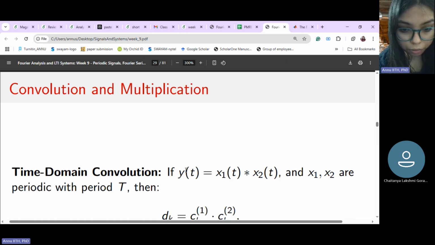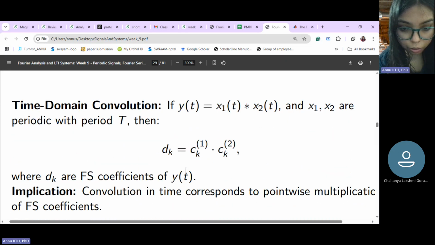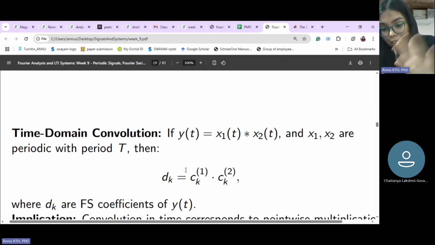So time domain convolution, it's a very interesting point to note that if you have time domain convolution, x1(t) convolved with x2(t), where x1 and x2 are periodic with period T, then the dk are the Fourier coefficients of y(t), which is the convolution of x1(t) and x2(t).